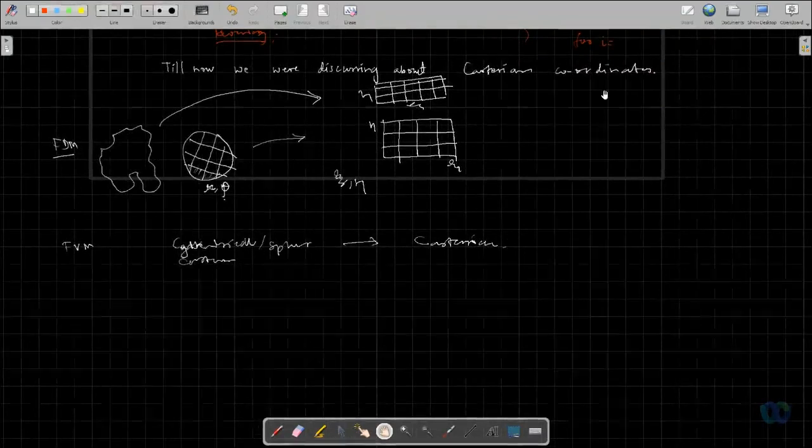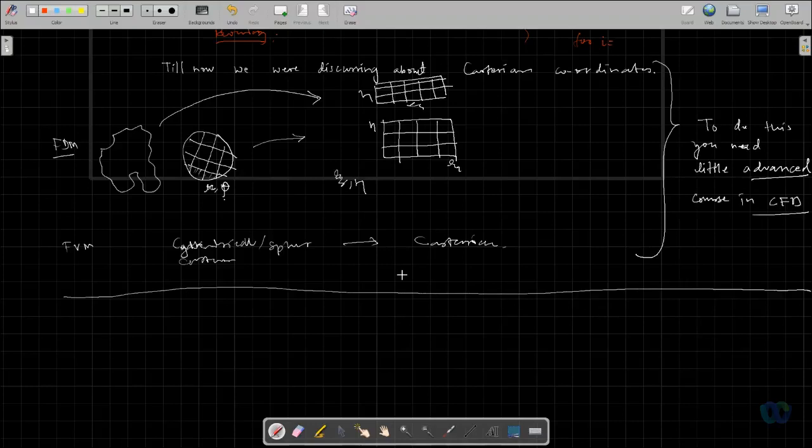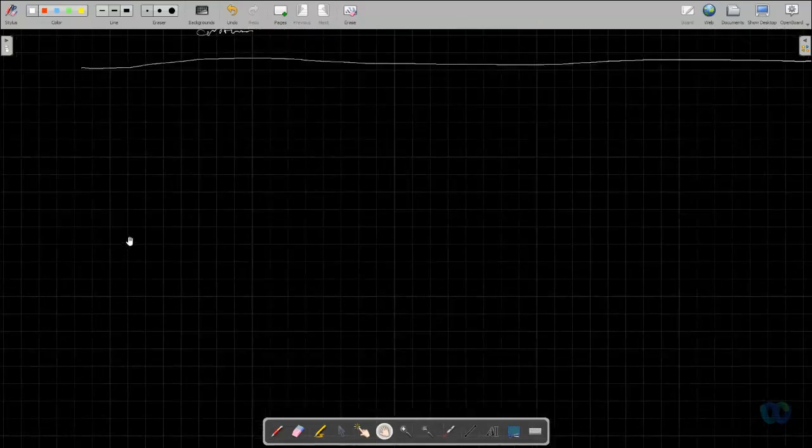But to do this, you need a little advanced course in CFD. Okay. So what I'm going to do over here is, we are going to solve the cylindrical coordinate equations. Rather than solving the Cartesian coordinate equation, we will solve the cylindrical coordinate equation for heat transfer in a cylinder, for example. We will use the spherical coordinate equation for the case of heat transfer in a sphere.